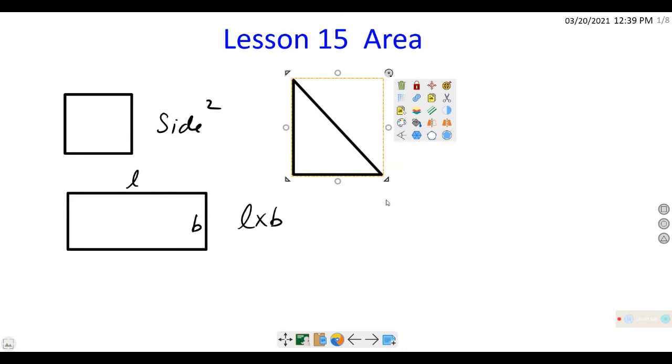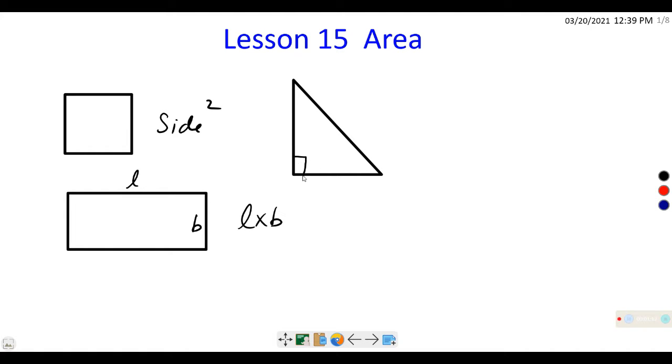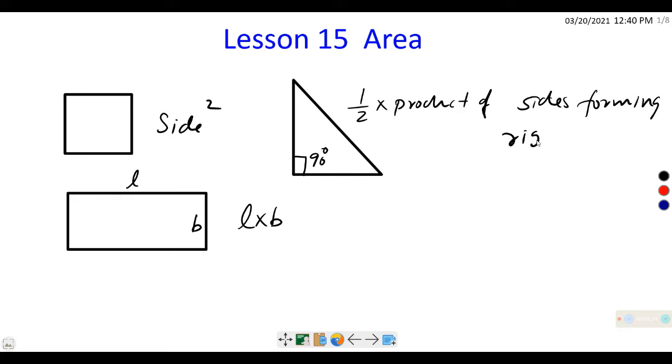A right angled triangle is characterized by the peculiarity that one of the angles will be equal to 90 degrees, and the formula studied was half into the product of the sides forming the right angle, right?